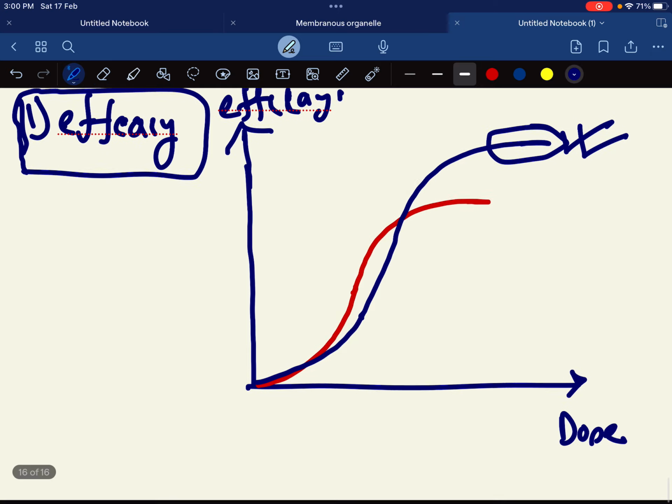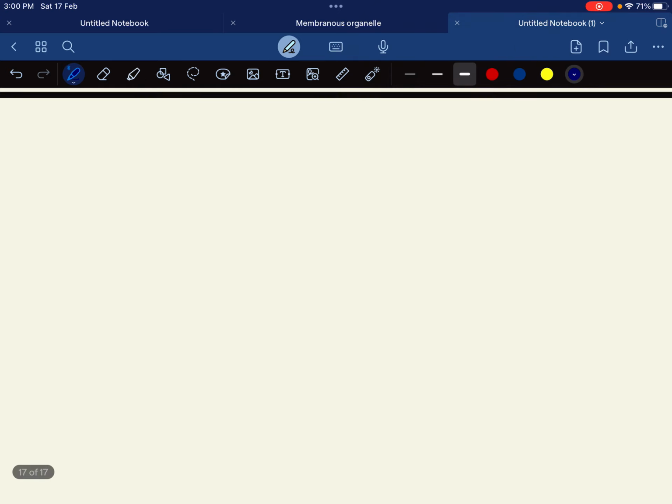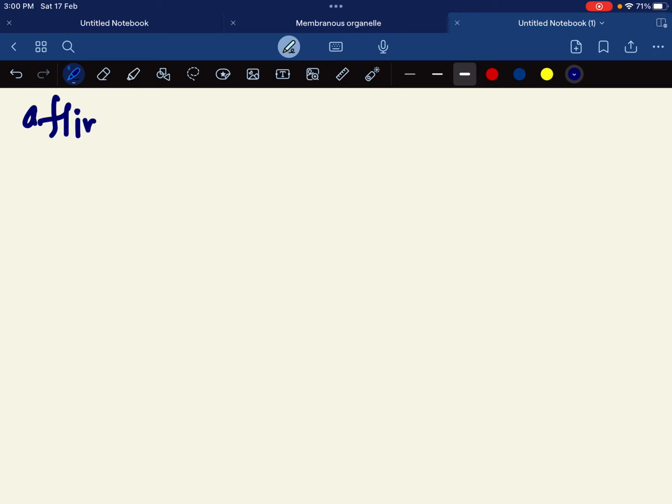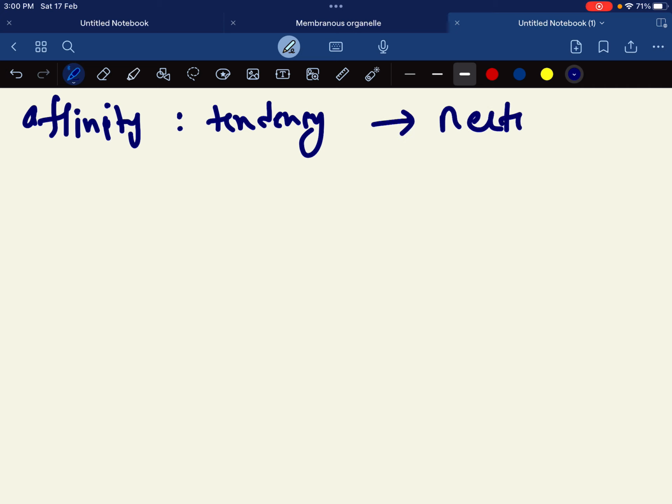Then affinity. What is affinity? You know that affinity is actually the tendency of a drug to bind with its receptor. Tendency to bind with receptor is affinity. So basically affinity cannot be measured directly.